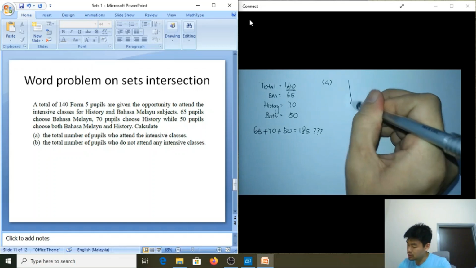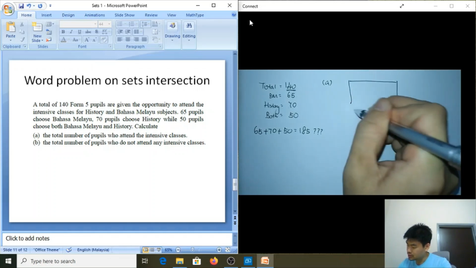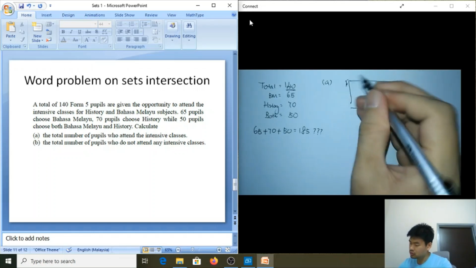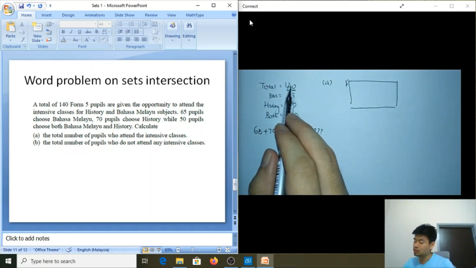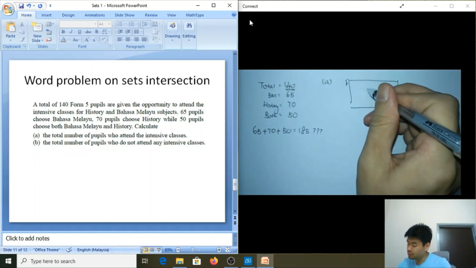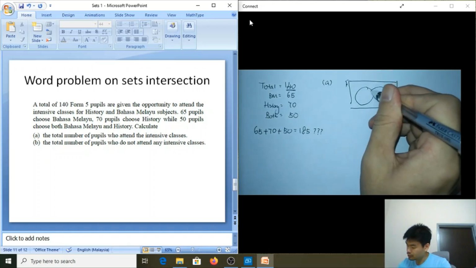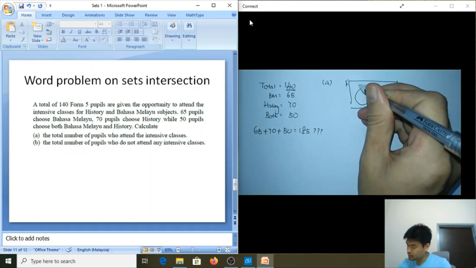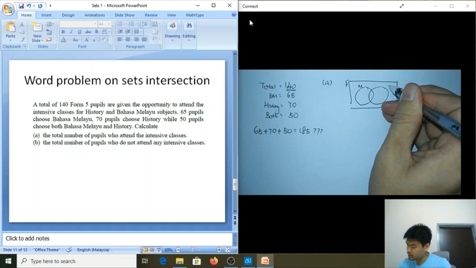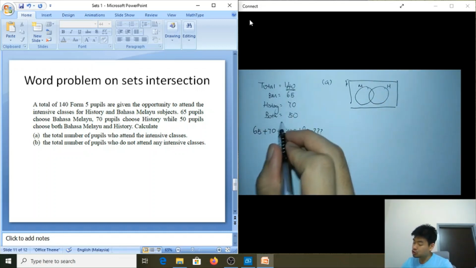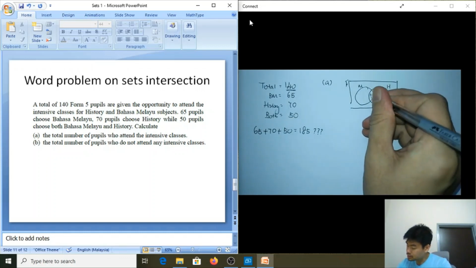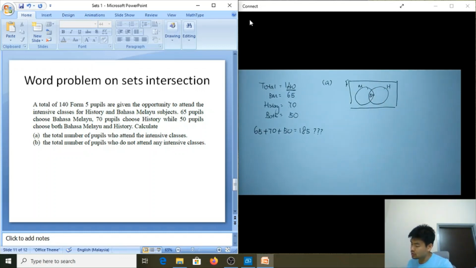So I have a universal set. All the numbers inside this universal set should add up to 140. We have BM, let's say M, and history, let's say H. For sure, I know that the middle, the intersection of the sets, is 50.